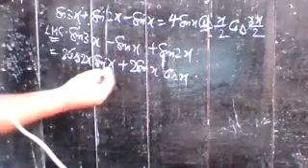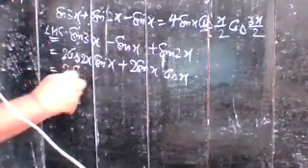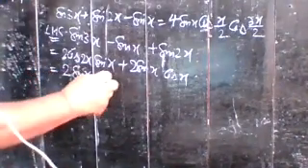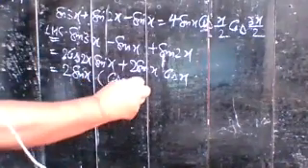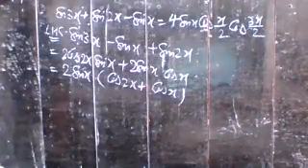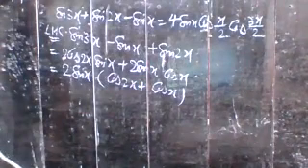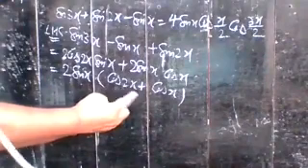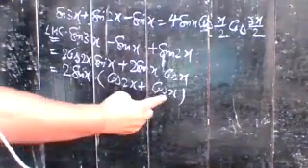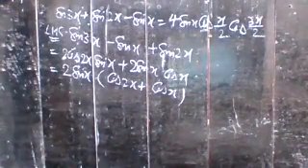Now 2 sine x is common from these two terms. So here you have cos 2x plus cos x. Now just see your right side, all the terms are in the form of a product. So here you apply the formula of cos x plus cos y, which is 2 cos (x plus y) by 2 cos (x minus y) by 2.